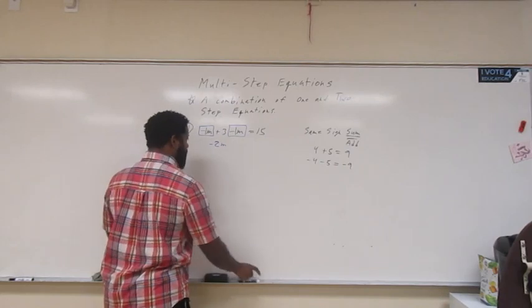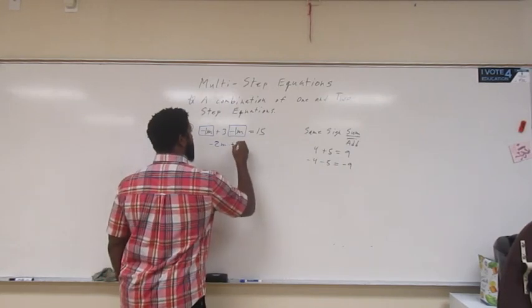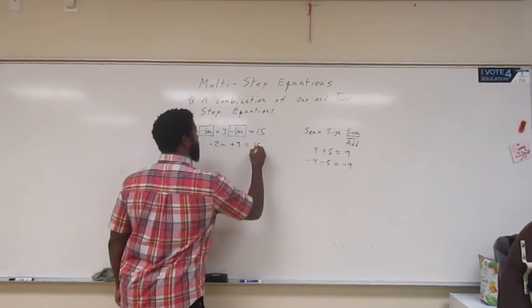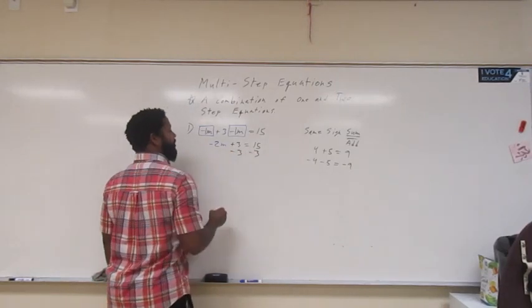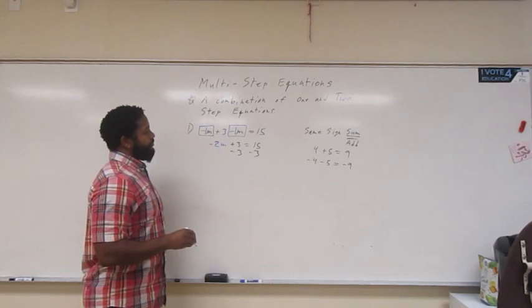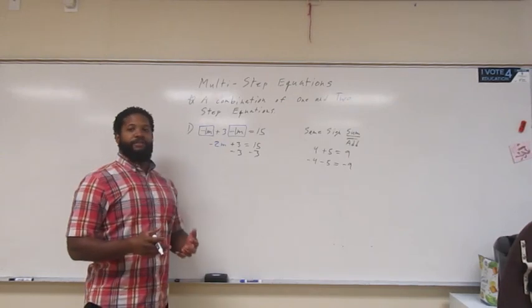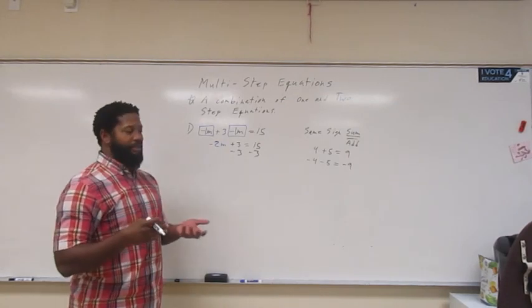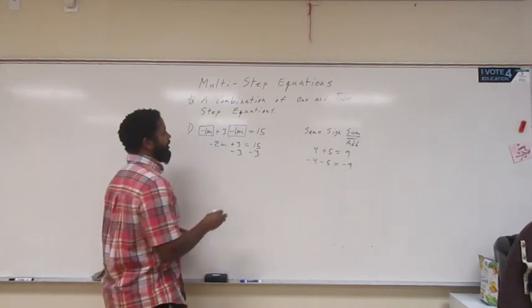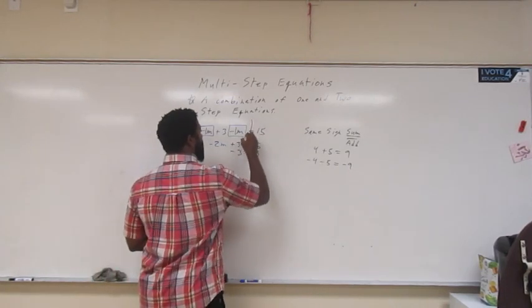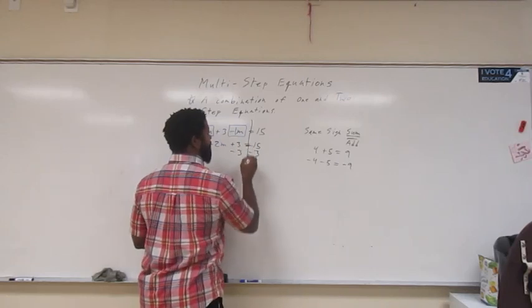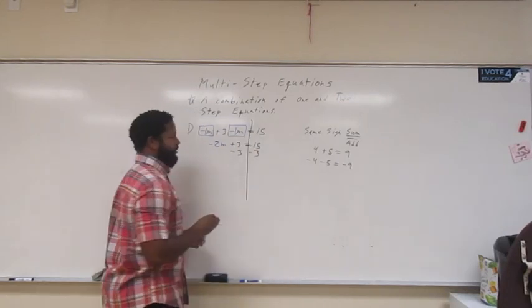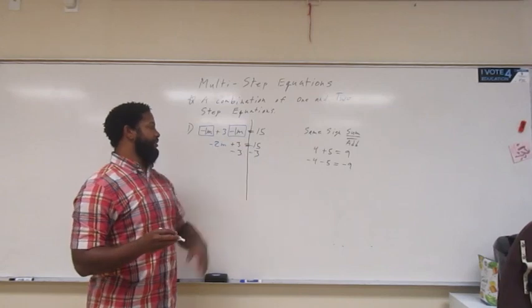Negative 2m plus 3. Now we subtract that number, the 3. And whatever you do to one side, you do to the other. Now, for those of you who are still struggling with the sides, you can always just draw that line down the center so that you can see, okay, this is one side, this is another side.